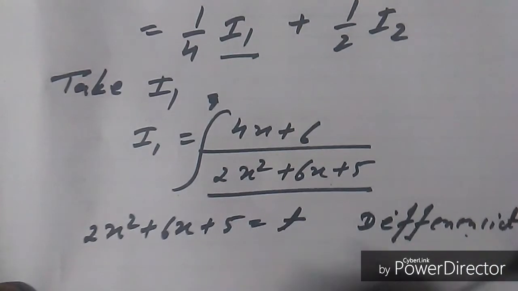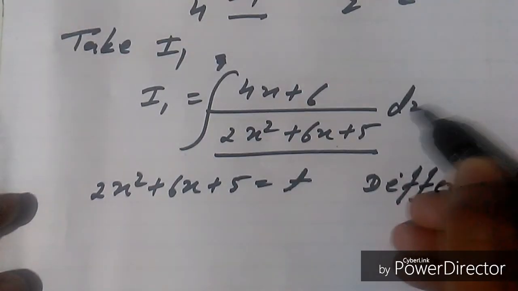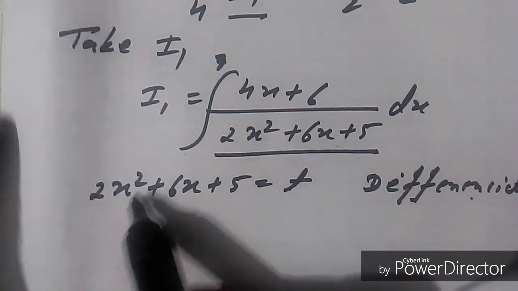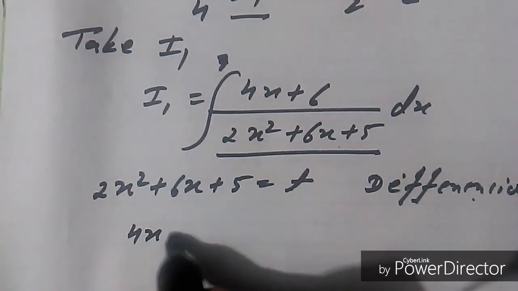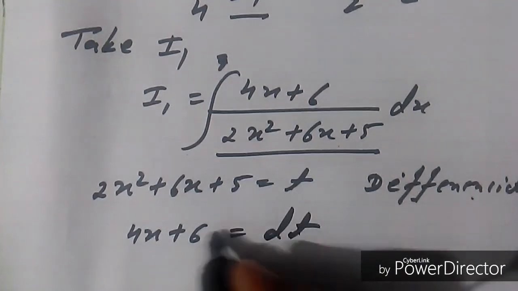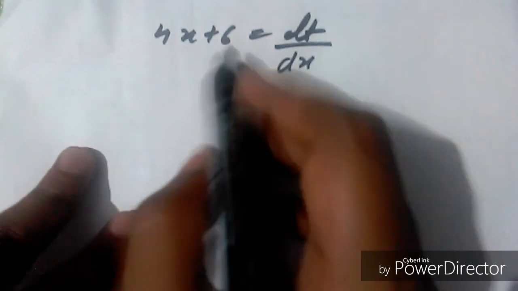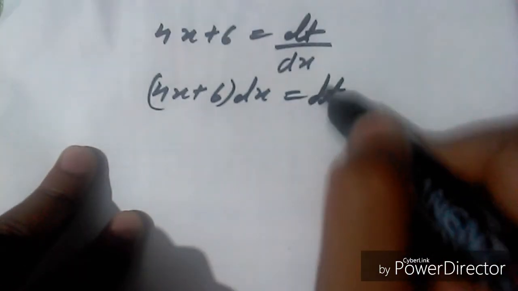The derivative of 2x square plus 6x plus 5, that is 4x plus 6, is equal to dt by dx. We write it as 4x plus 6 dx is equal to dt.